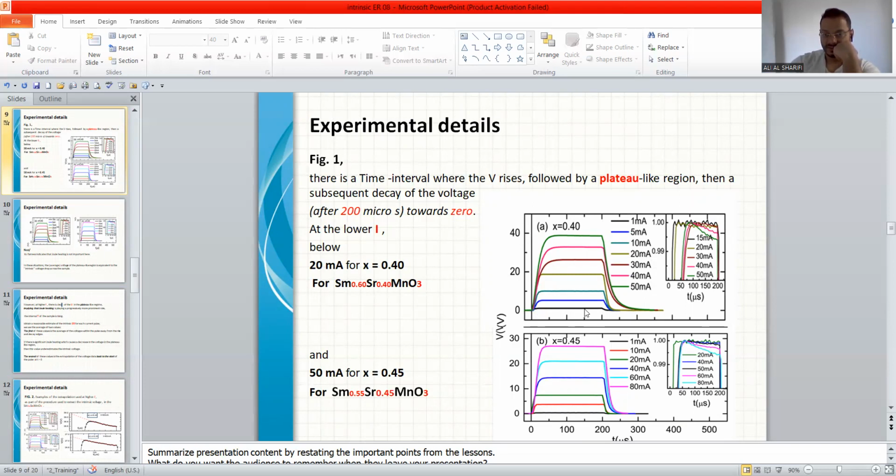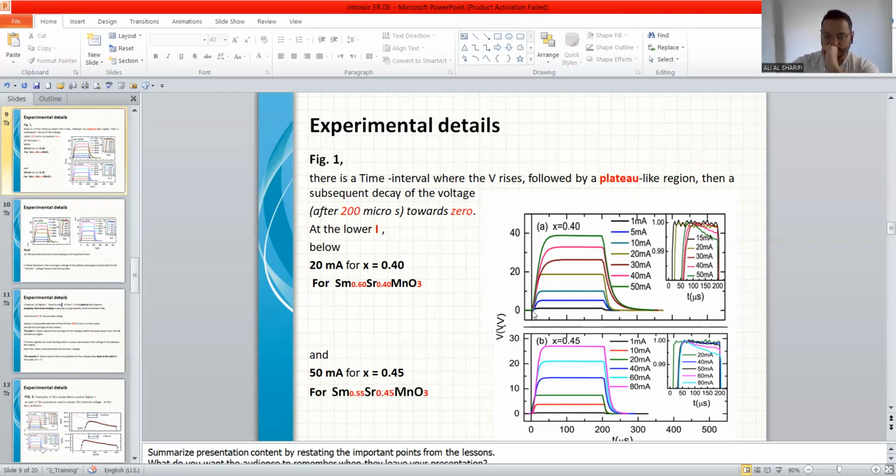From here until 200 milliseconds, we will note a simple decrease to come back approximately near the start point. And when we start to increase the current, 5 milliampere, 10, 30, 50, we will note that the voltage increases.